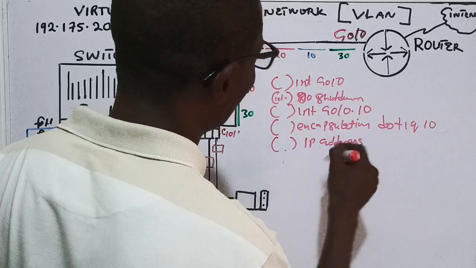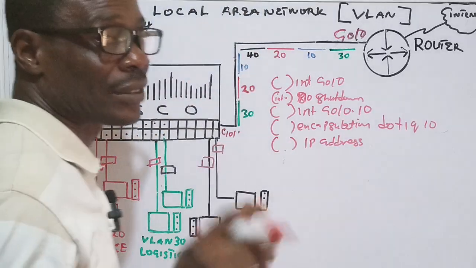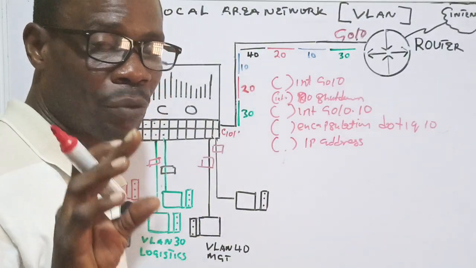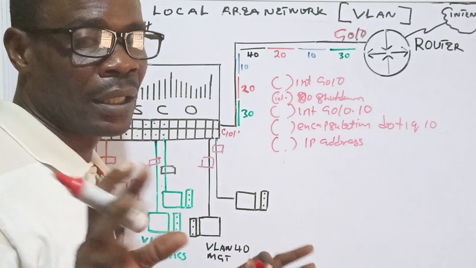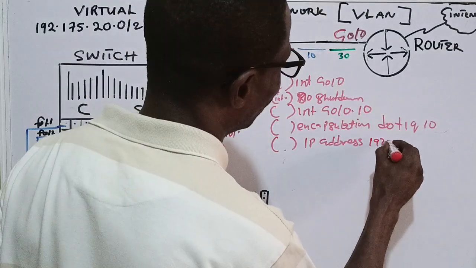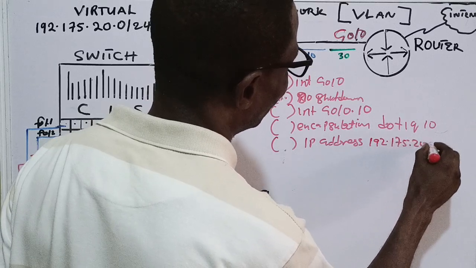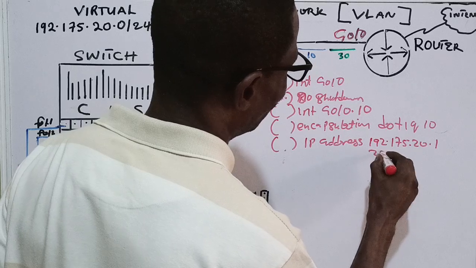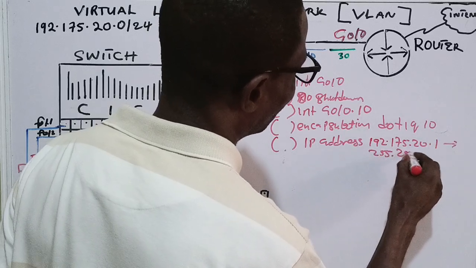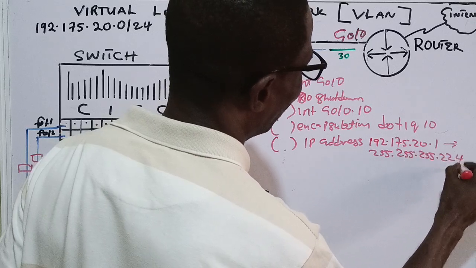IP address. I've subnetted this. A /24 can give you 254 valid hosts. It is subnetted in such a way that each department can have 30 users, 30 IP addresses, with a mask of 255.255.255.224.